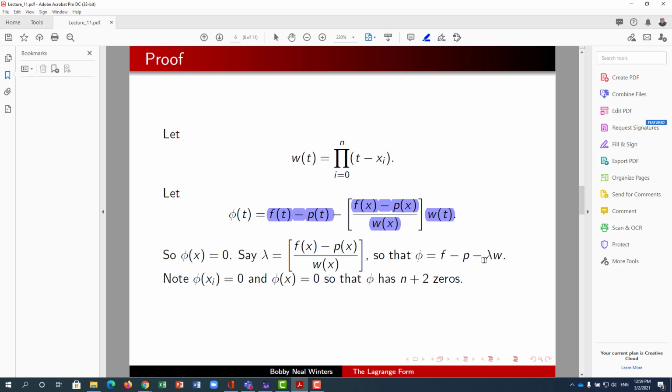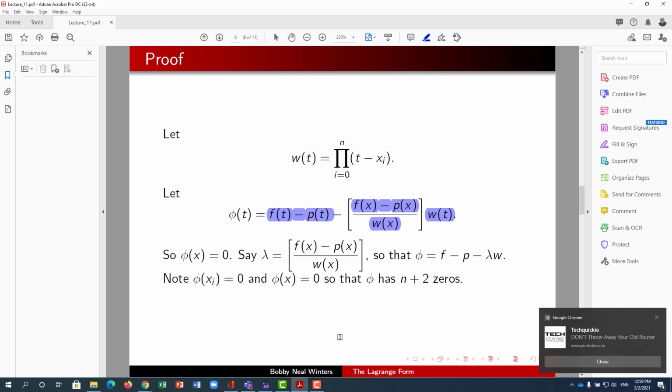The f, p and w are functions of t, and the lambda is a constant with respect to that. So note that we can check that phi is 0 on every one of our knots, and that phi of x is also equal to 0, and so that means that phi itself has n+2 zeros.